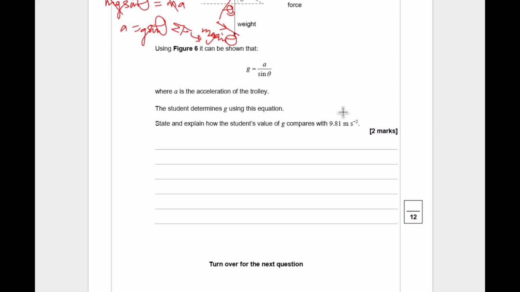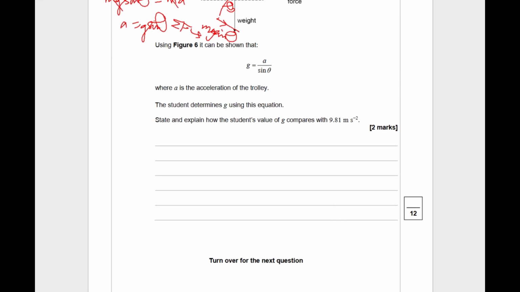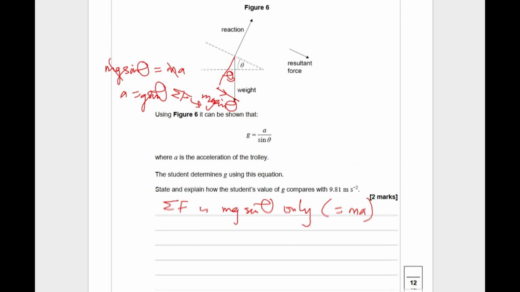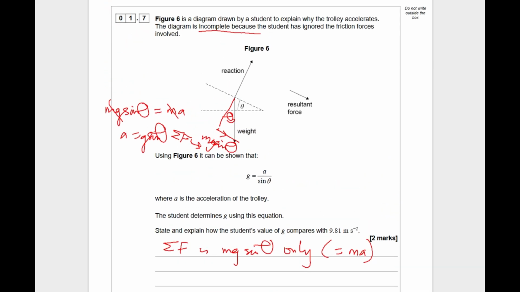So let's have a look at what the question's asking. What they've done, they've said the resultant force is mg sine theta only, which is then equal to ma. But what they've said here is incomplete because it's ignored friction.